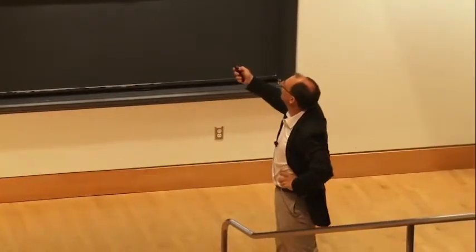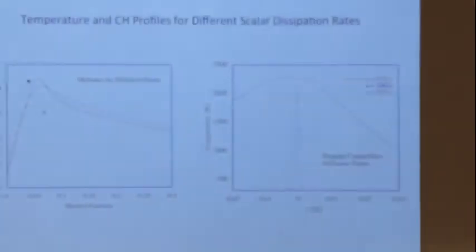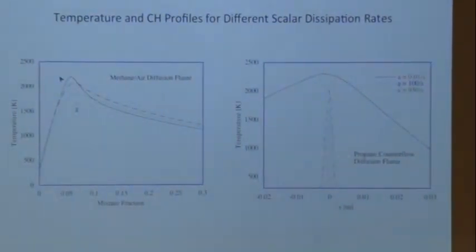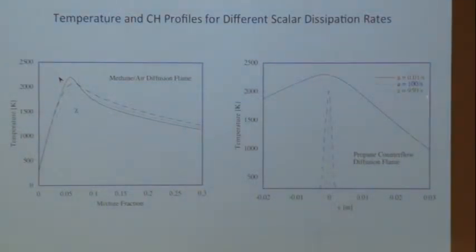But again, you see at low strain rate you get very broad profiles, and at high strain rate you get very low profiles. This is close to extinction, 950 for methane earlier was like 500 something. So you see that is a parameter that's different for the different fuels, the extinction strain rate.